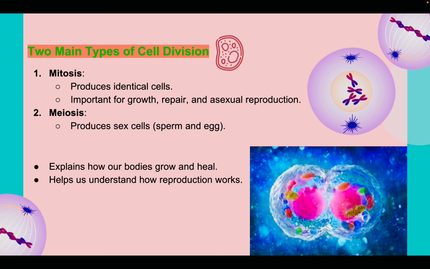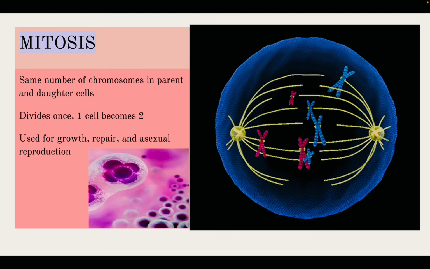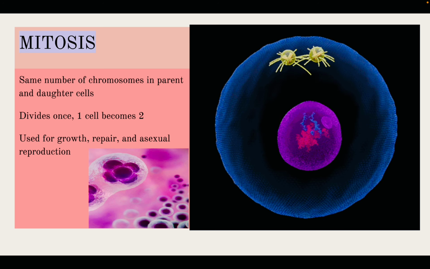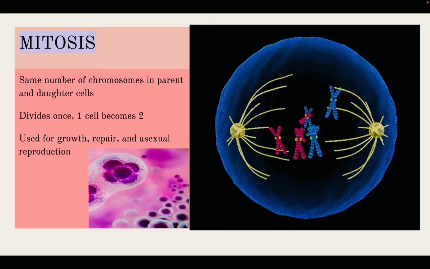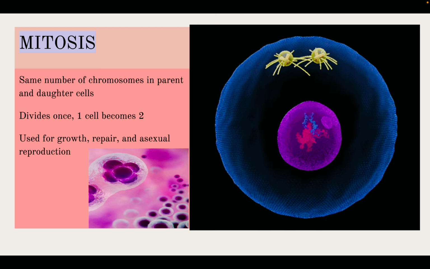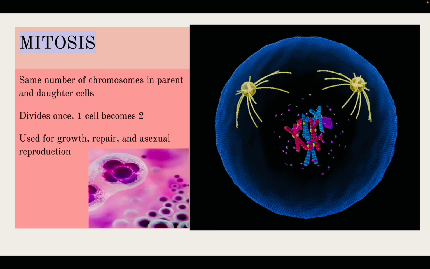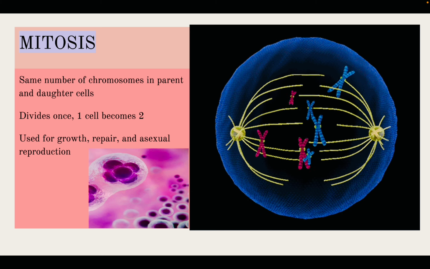Moving on to the next slide, we're gonna go through mitosis, and it's a very simple process. It just starts with one parent cell, and that produces two identical daughter cells. The chromosome number stays the same in the daughter cell, and it's 46 in humans.